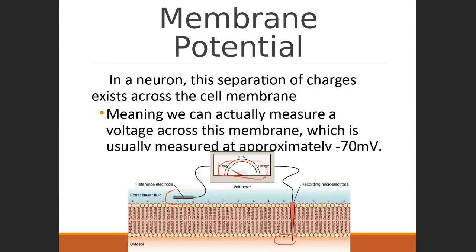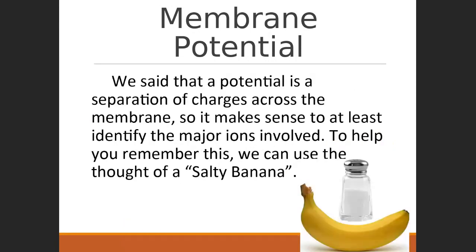So we need to look at this neuron, or the membrane, at least at first anyway, and think about it in terms of that battery analogy. Across the membrane of a cell, we generally get minus 70 millivolts measured, and we'll come back to that number before we're done. So, separation of charges, just like a battery.